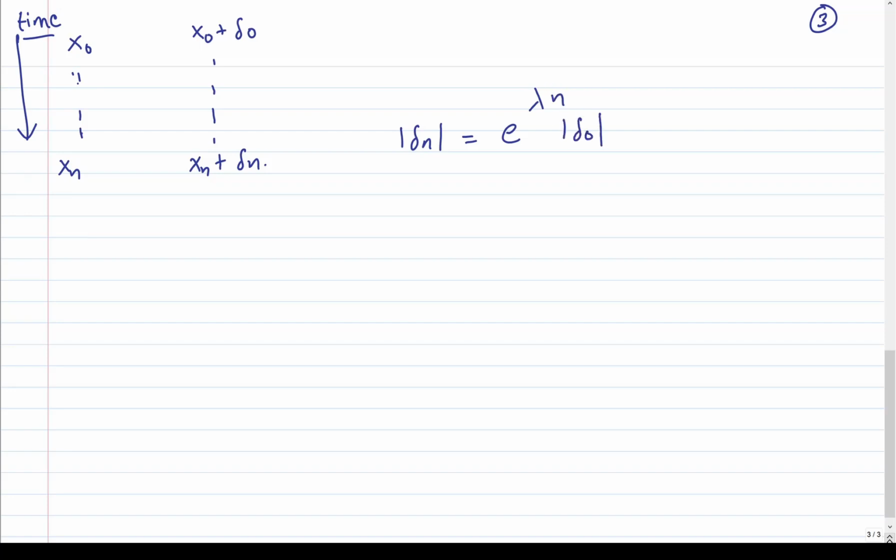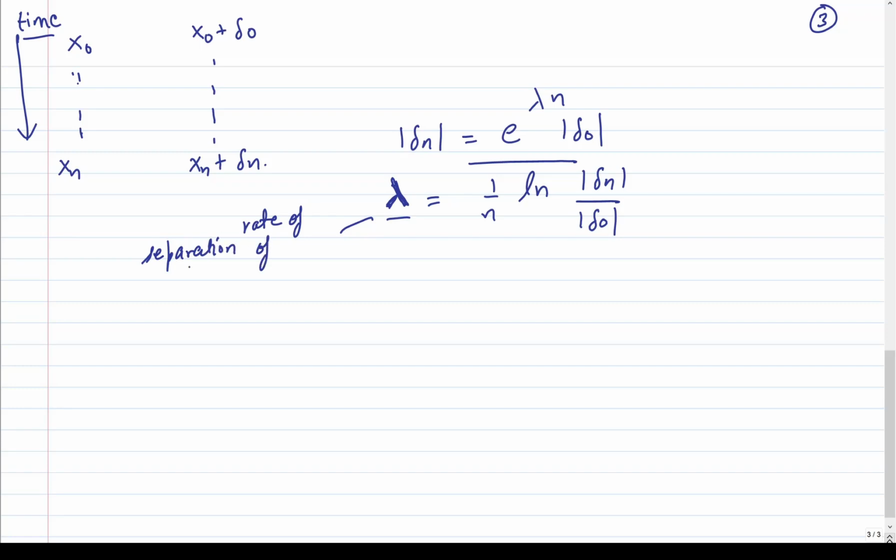This can be expressed as 1 over n logarithm of this. So I'm just taking the log of both sides and expressing the constant lambda, which quantifies the rate of separation of trajectories.